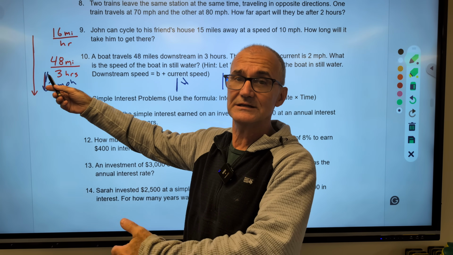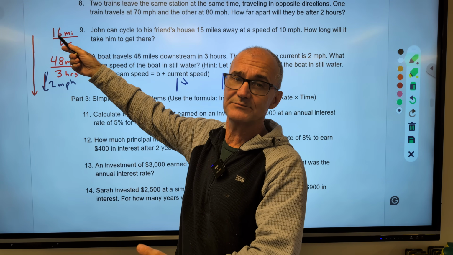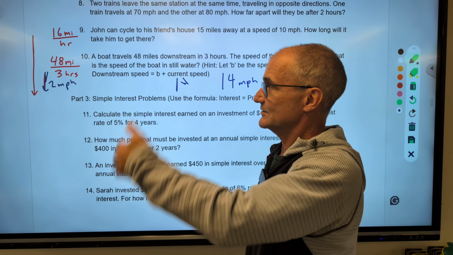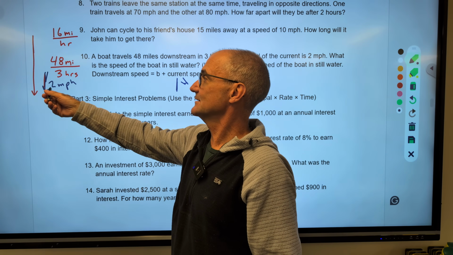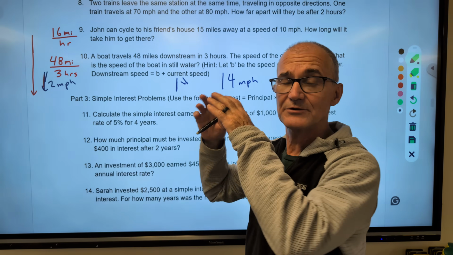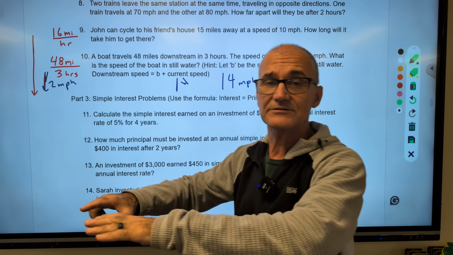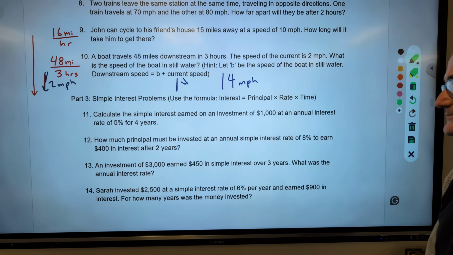Part of that speed is the current pushing me. I figure that out as a unit rate per hour, so that's 16 miles per hour. The current's pushing me 2 miles per hour, so I must be traveling 2 miles per hour less than that on flat water. So the boat's powering me 14 miles per hour. The current pushing me another 2. They sum together to give me 16 miles per hour.